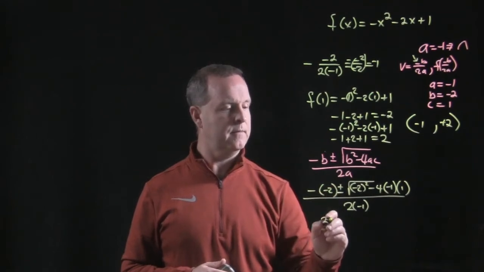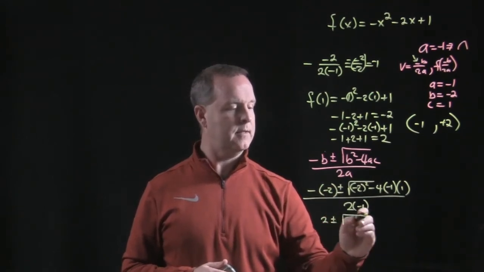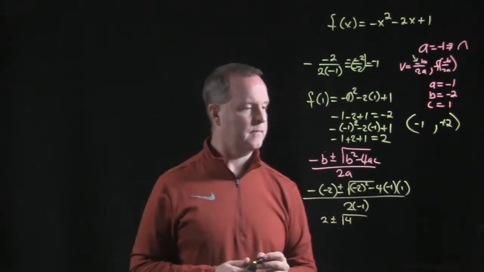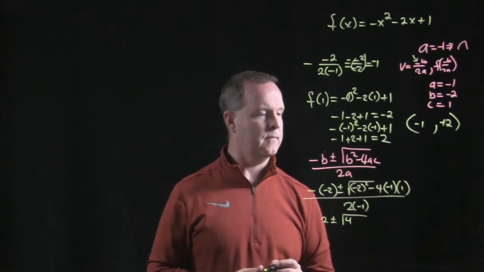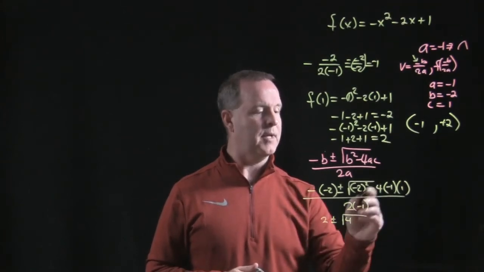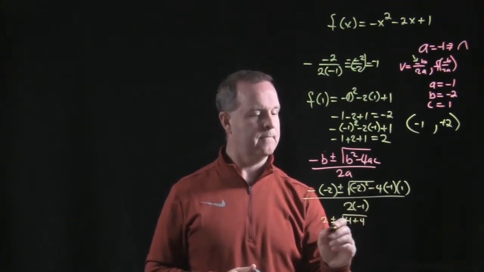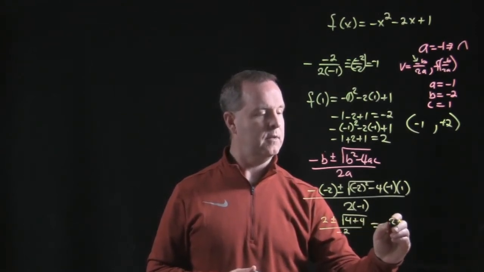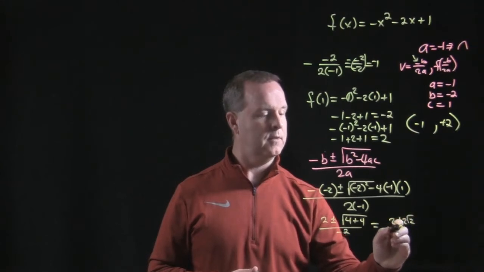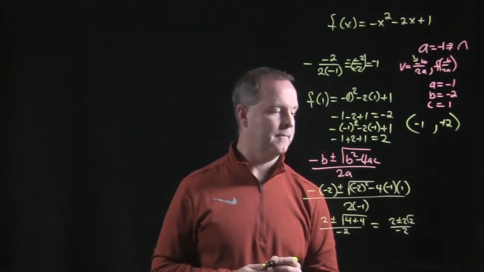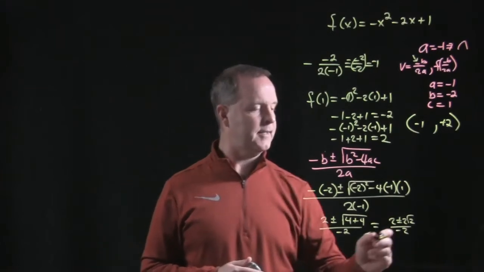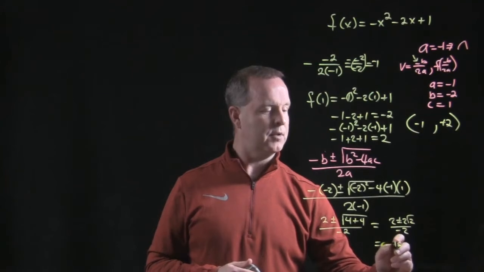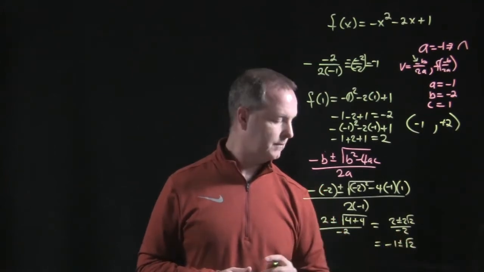I have a 2 plus or minus, that's a 4 plus a 4, all over a -2. And that equals 2 plus or minus 2 root 2, all over -2. And clean that up a little bit. That's a -1 plus or minus a root 2.